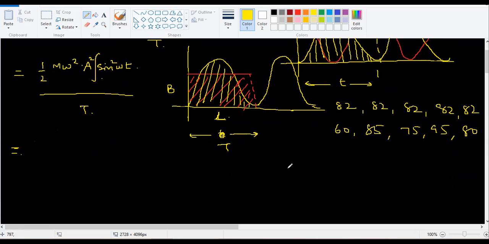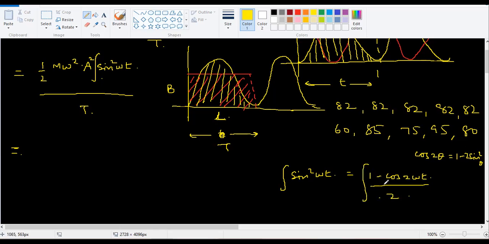Okay, so when you integrate sine squared omega t, what will happen is sine squared can be written as cos 2 theta is equal to 1 minus 2 sine squared theta. So sine squared, this can be written as 1 minus cos 2 omega t divided by 2. So this is called the integrable form.